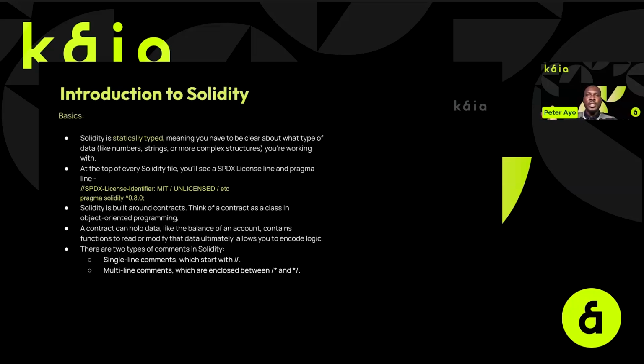If you're working with strings, you have to specify that this is a string. I think we're still going to see how this is declared and also initialized when we go into the code along section. But in layman terms, when we say statically typed, it means that you have to explicitly state what type of variable or data you're working with, right?